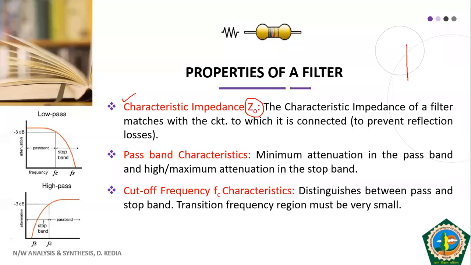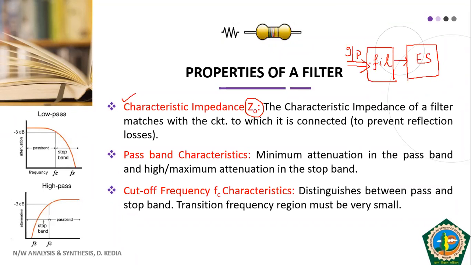That you have some electronic system, say this is some electronic subsystem, and you need to connect some filter at the input of this system. Say this is a filter, and you provide input signals, meaning you want to provide a filtered input to some electronic subsystem. So what is the job of the filter?